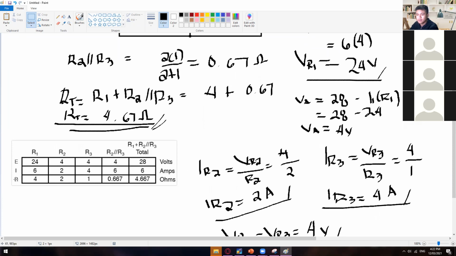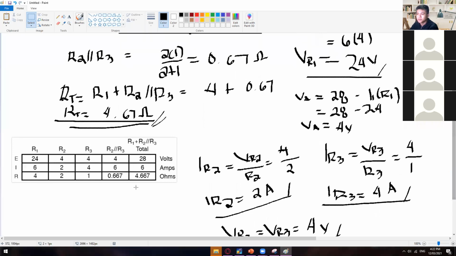And then the given resistances, R1, R2, and R3. And then the parallel value of R2 and R3. Okay, so there you go. So that's why we have this table. So this is the result of all of those voltage drops and the current across each resistor.